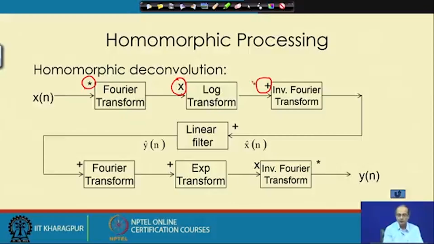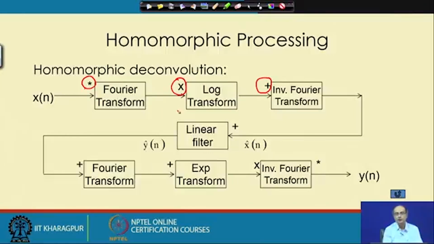Okay. Now, after getting that, it seems that we are just there, but we need to do one more operation. The initial data was in the time domain, and because our log operator works better when the constituents are multiplicatively combined, we had to take the Fourier transform. So, we have gone into the frequency domain.